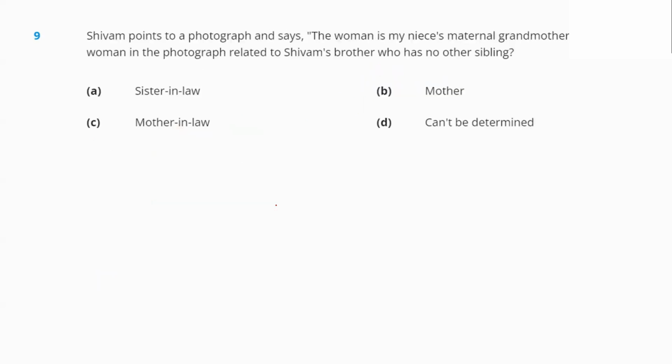Moving on to the next question. Shivam points to a photo and says the woman is my niece's maternal grandmother. How is the woman in the photograph related to Shivam's brother who has no other siblings? So firstly, Shivam's woman is my niece. So Shivam's niece will be his brother's daughter.